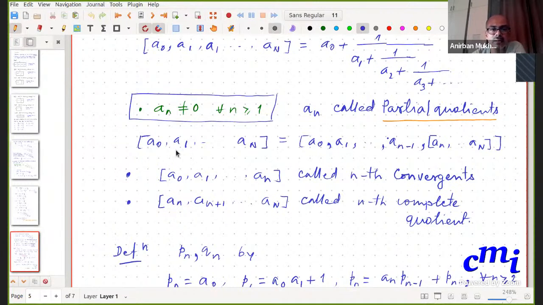If you have a continued fraction of length capital N, then I write it as a fraction up to n minus 1 and put all the things together as a single entry. If we assume that all of them are integers, then we can't do that, because the last one is not an integer. But if we treat it in an algebraic way, then it's fine. They are just real entries.